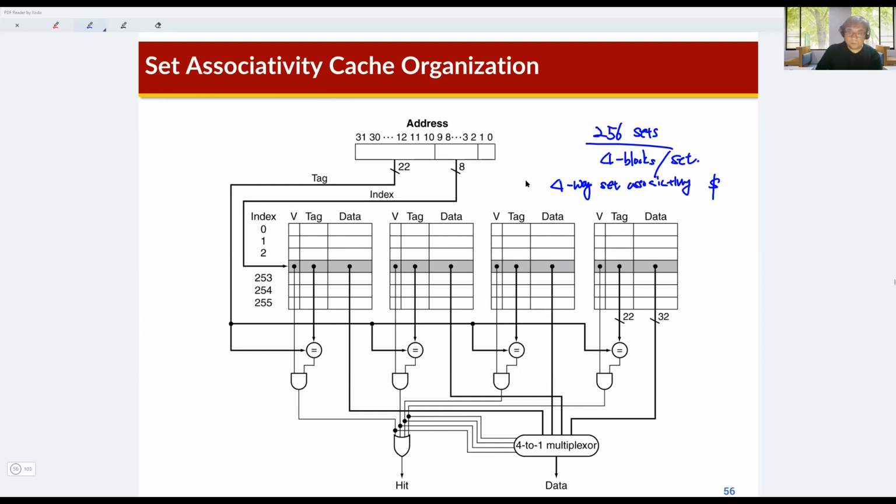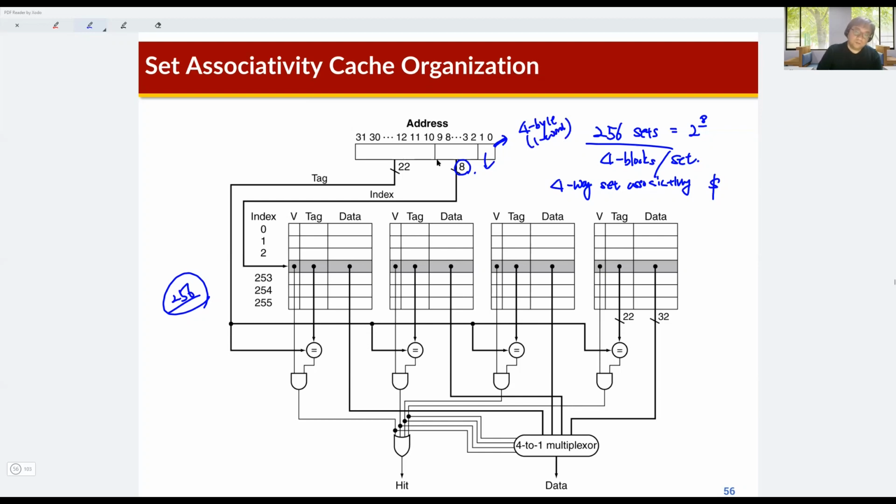In this example, there are 256 sets, so the size of the index field is 8 bits, since it's 2 to the 8. And this is the byte offset, so the size of one cache block is 4 bytes, 1 word.